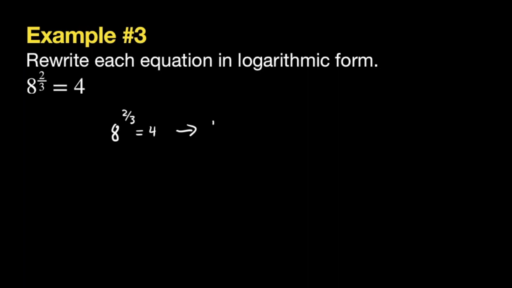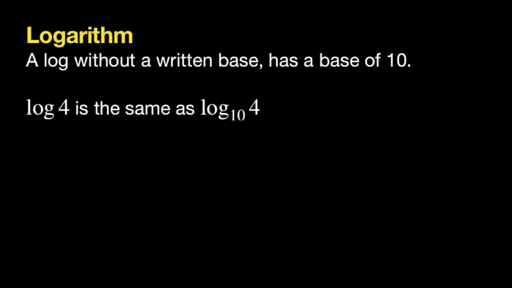So we're going to say log base 8 of 4 is going to be equal to 2/3. A logarithm without a written base always has a base of 10. So if we have log 4, that is the same thing as saying log base 10 of 4.